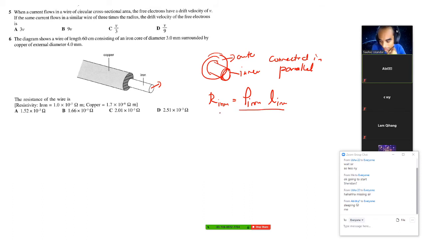And the area of the iron is not the same as the area of copper, right? Because the iron is inside, and the copper is not a perfect circle. It's only the outer layer, the area of the copper.